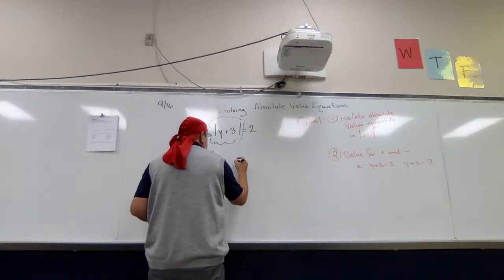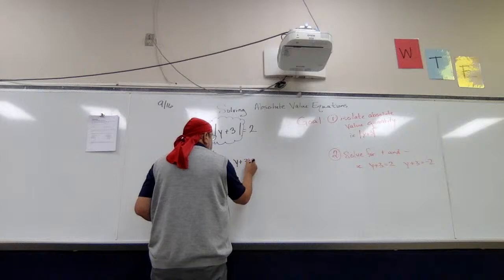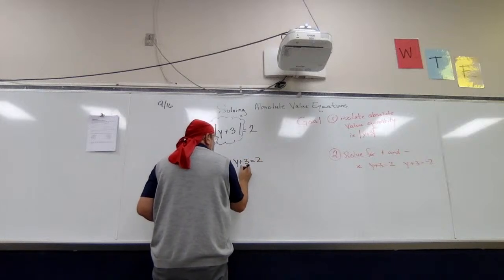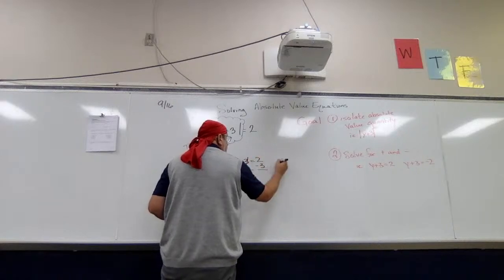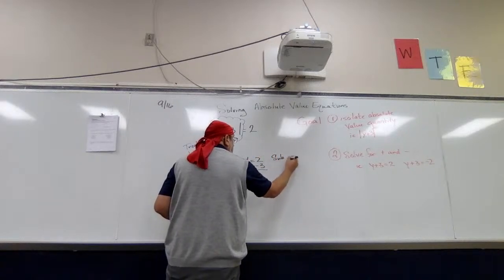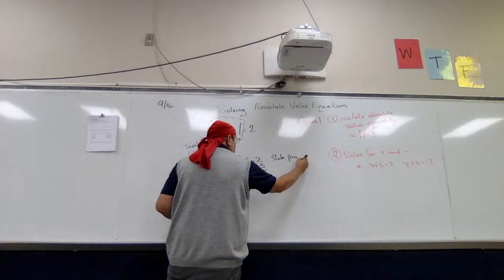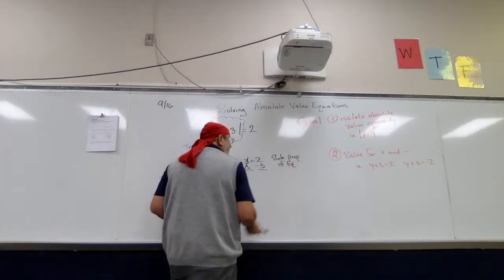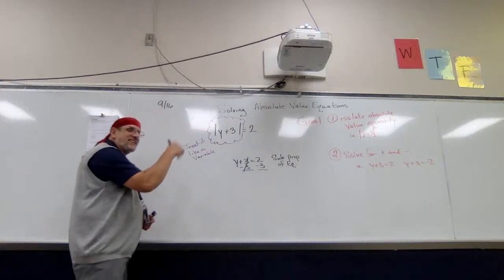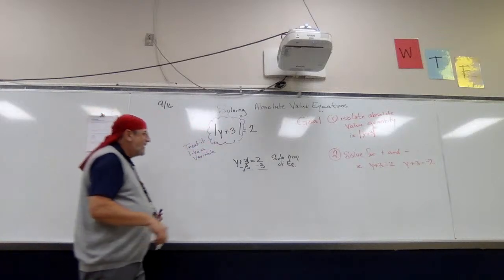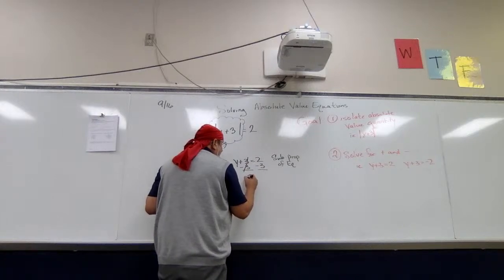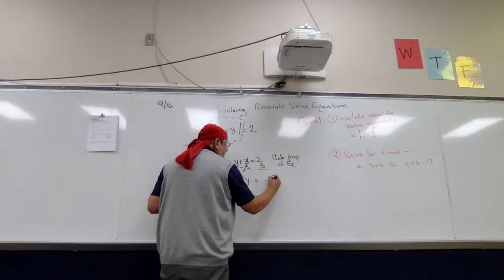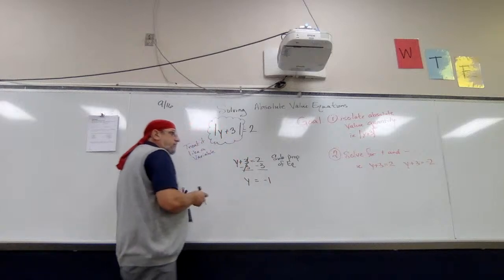So if I solve both of these, y plus 3 equals 2, I subtract 3 from both sides using the subtraction property of equality, and I get y equals -1. Well, that's one of them.